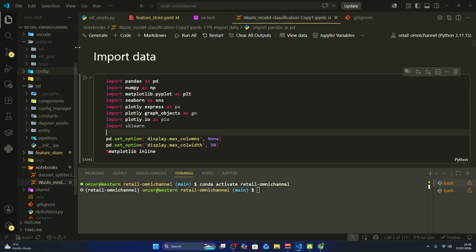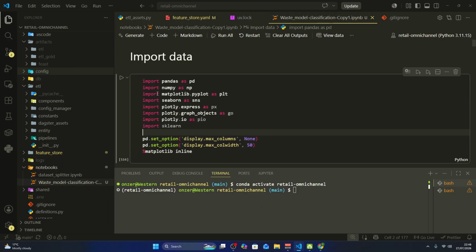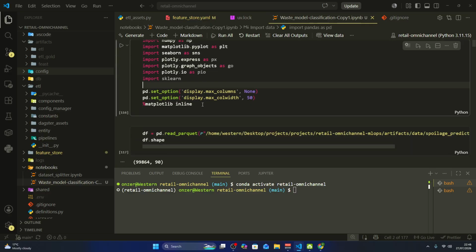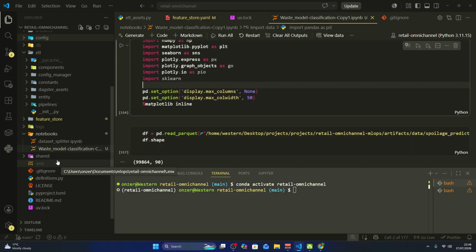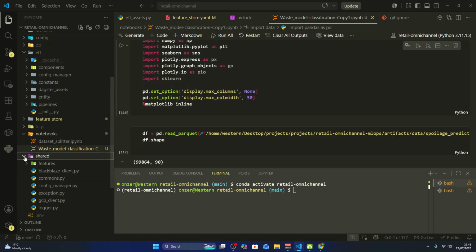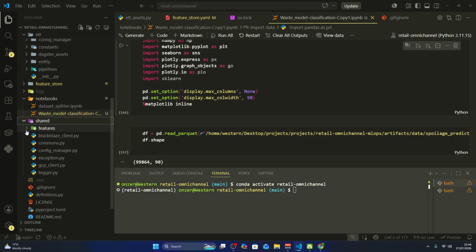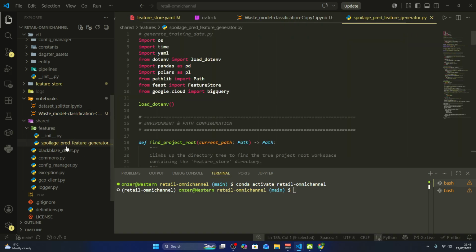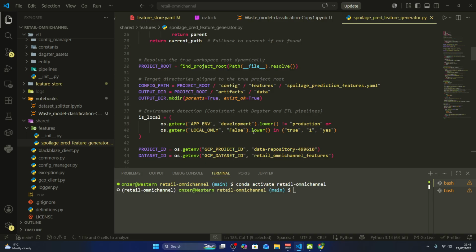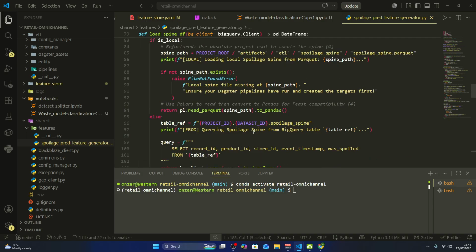So before we actually start on looking at the data itself and the EDA process, let me show you how we can first get that data. Under my shared folder, I have this file, features. Under features, I have this spoilage. I think I had shown you this one, so I don't need to repeat it again.